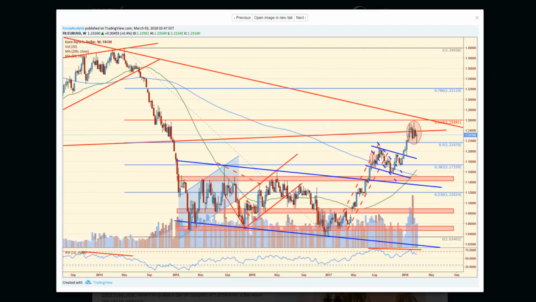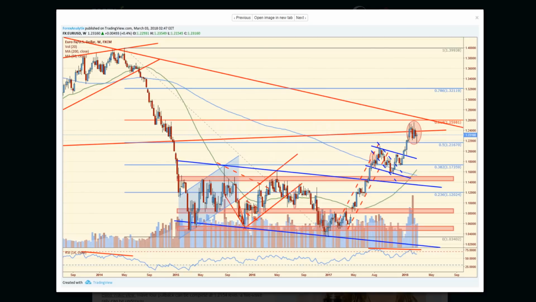Also realize there is a 618 retracement that we did reject. So if you get past this key Fibonacci level and you breach the multi-year trend line, the dollar could be in some trouble, and the euro dollar could really be set to move a lot higher.